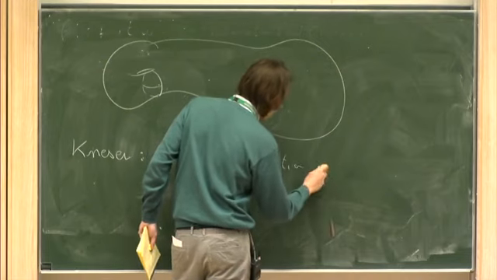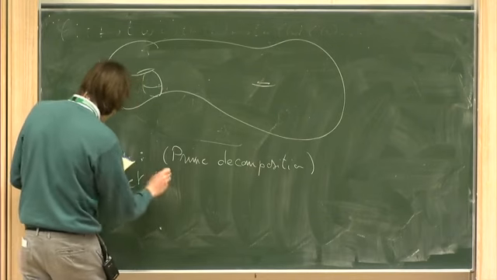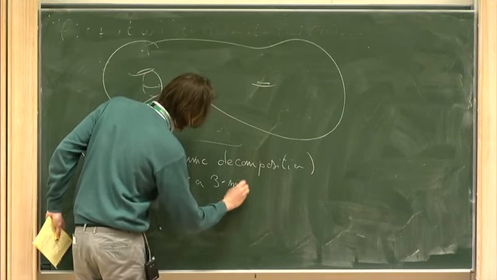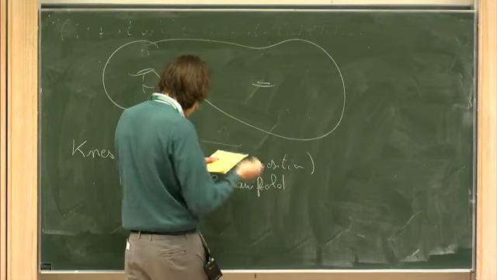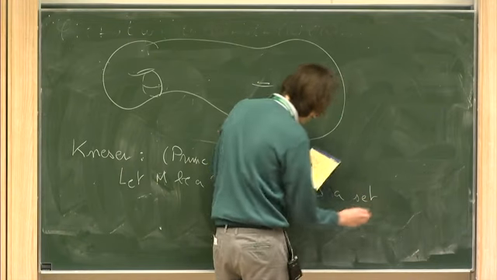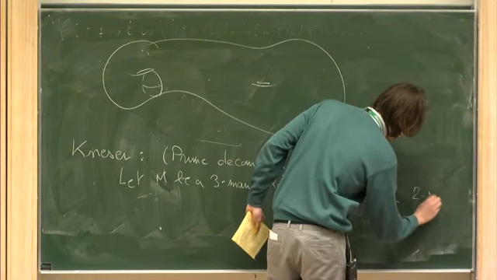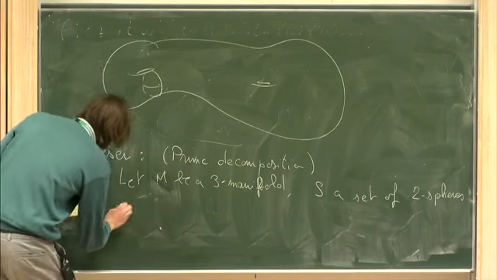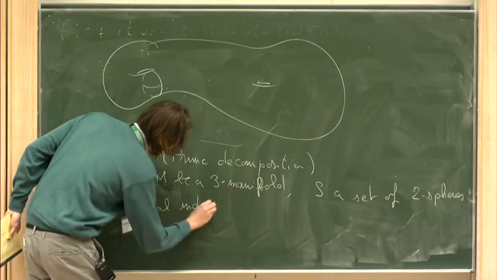Of a manifold. So when you have a manifold M, a three manifold, and you take S, a set of two spheres that are essential, and call it independent.